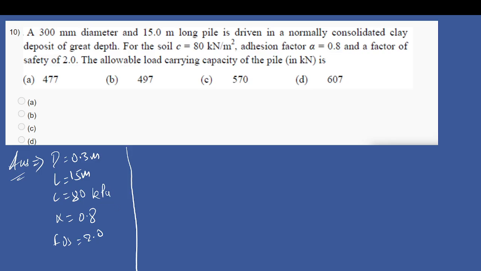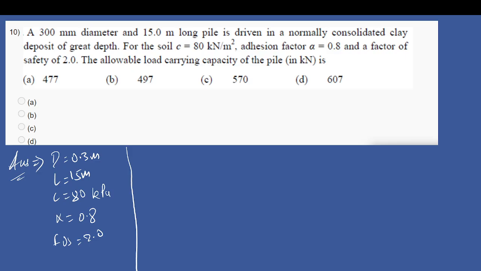into 15 into 0.3 into... I'm getting the answer 552, but the option is not here.